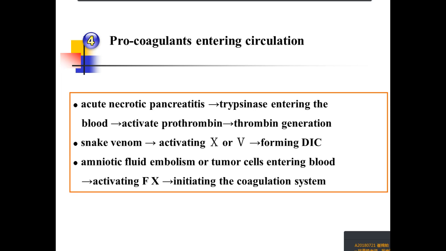Amniotic fluid embolism or tumor cells entering the blood can activate coagulation factor 10, so it also leads to increased coagulation function. So procoagulants entering the circulation may stimulate the extrinsic and intrinsic coagulation pathways, leading to increased coagulation function, and maybe DIC will happen.